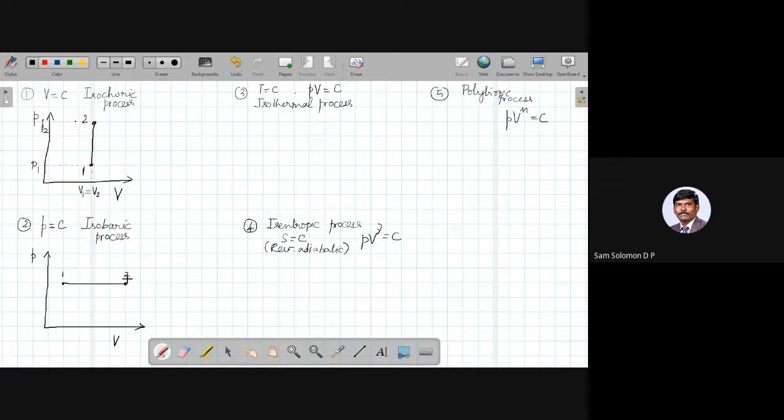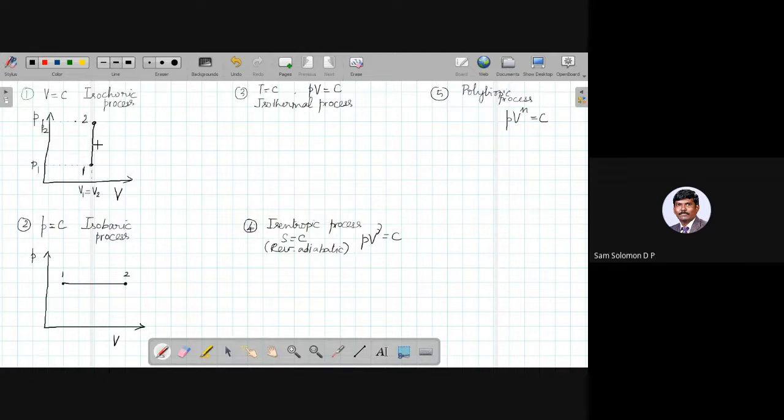If it is going from 1 to 2, you can see there is an increase in pressure. When will you have an increase in pressure? When there is heat addition, your pressure will increase, and when there is heat rejection, your pressure will decrease.